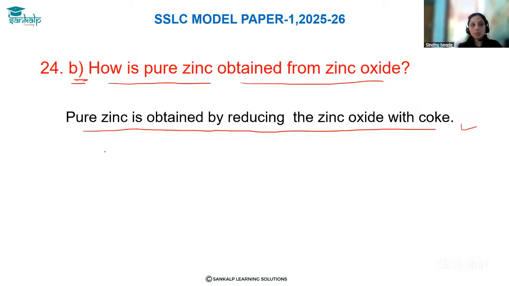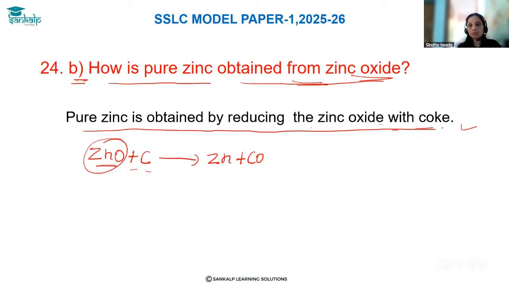Zinc oxide plus coke will give pure zinc plus CO. This is the equation. So you have to write it in sentence form: pure zinc is obtained by reducing the zinc oxide with coke. This is the answer. Thank you.